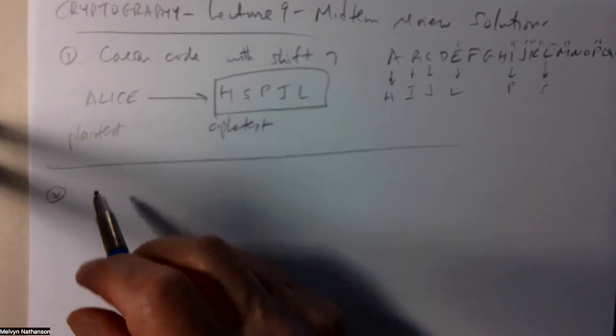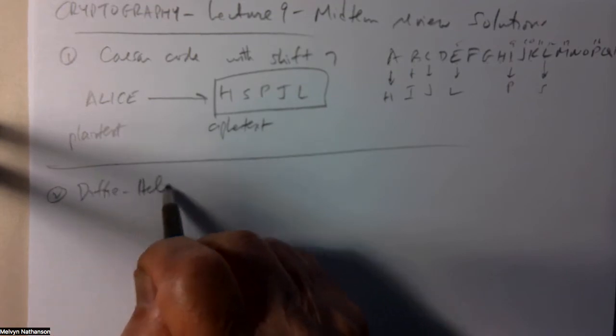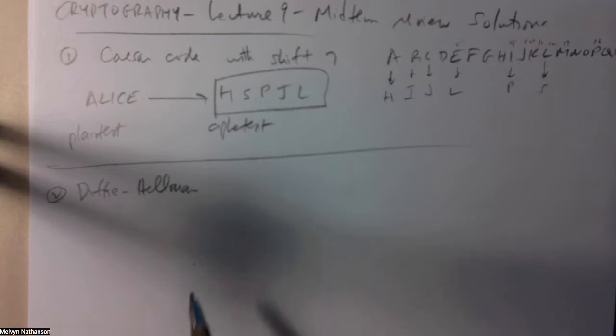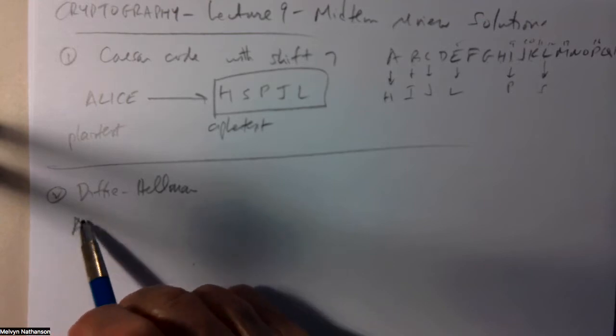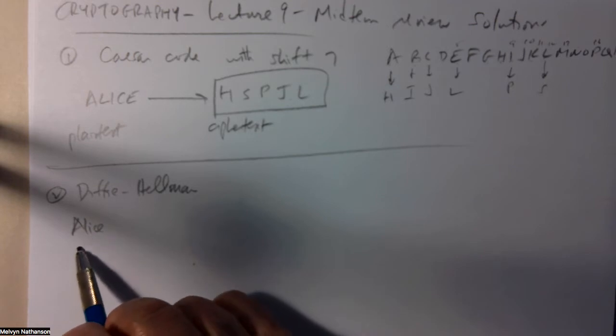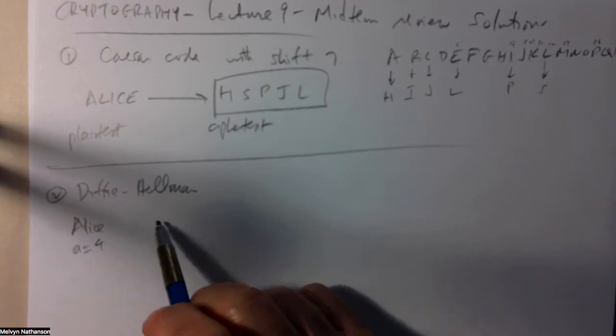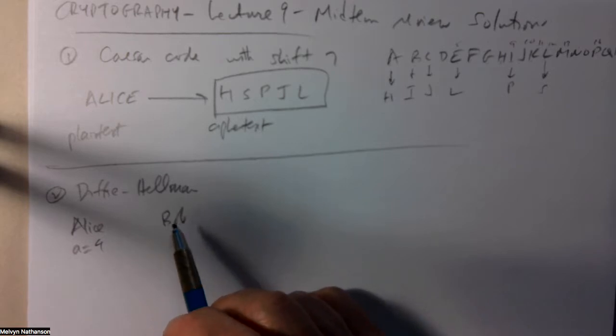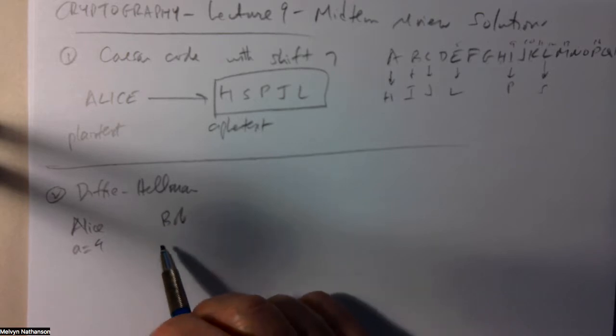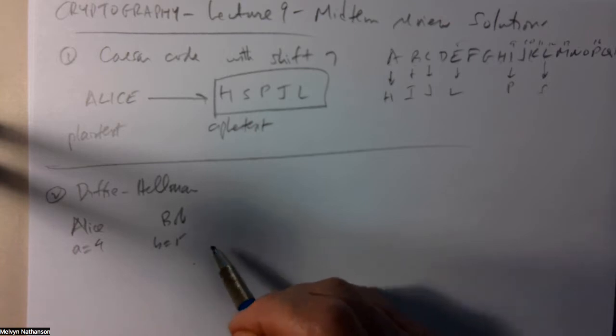Now, problem 2, using Diffie-Hellman to transfer a key or to establish a secret key between Alice and Bob. Alice chooses the secret number for her, A equal to 4. And Bob chooses the secret number for him of B equal to 5.